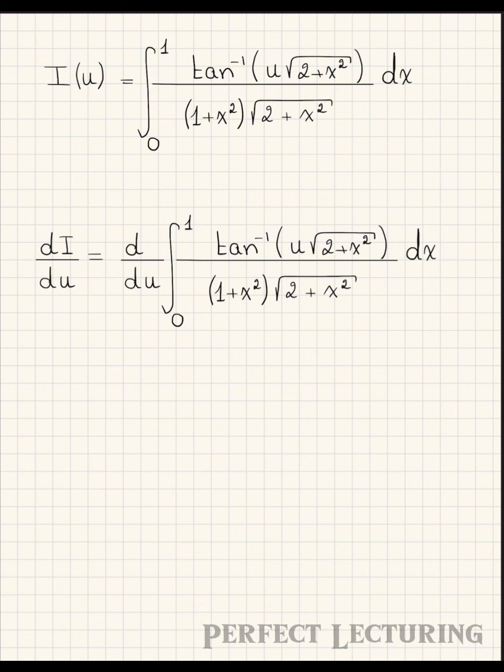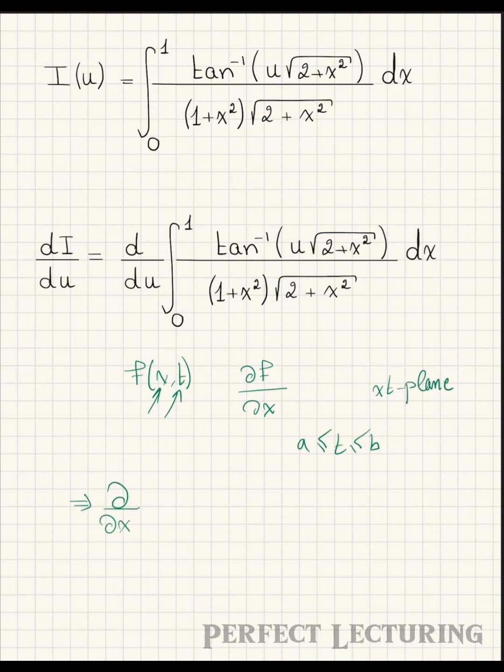The theorem says that if we have a function f of x, t, which is continuous in both x and t, and its partial derivative with respect to x is also continuous in t and in x, of course over some region in the xt plane, and if t is between some a and some b, then we can say that the partial derivative with respect to x of the integral from a to b of f of x, t dt is equal to the integral from a to b of the partial derivative of f with respect to x, dt.